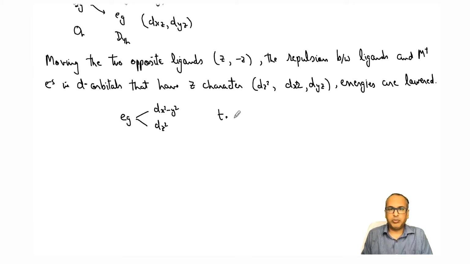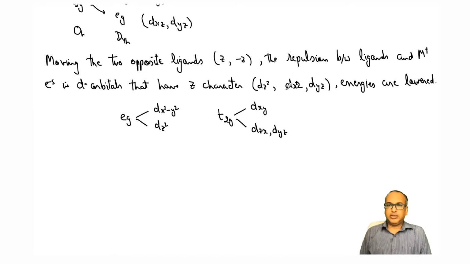And if you go from T2G, dxz and dyz will be lower in energy as compared to dxy. This is the result of the lower repulsion along z-axis now. So when the repulsion is lowered along z-axis, the orbital energy along z-axis would also be reduced.